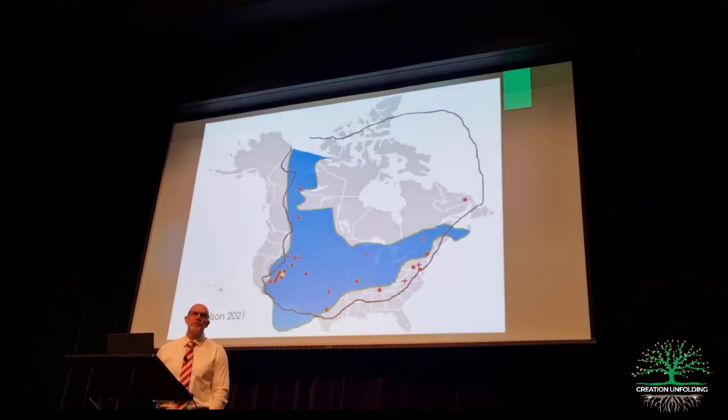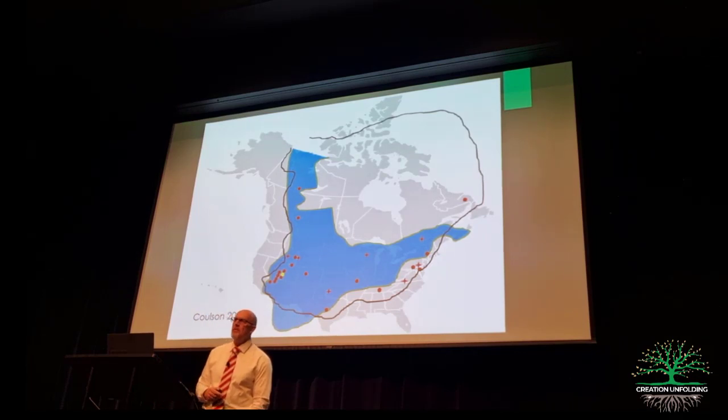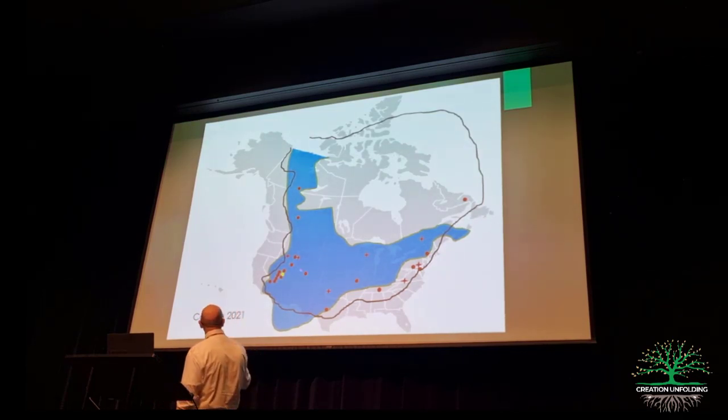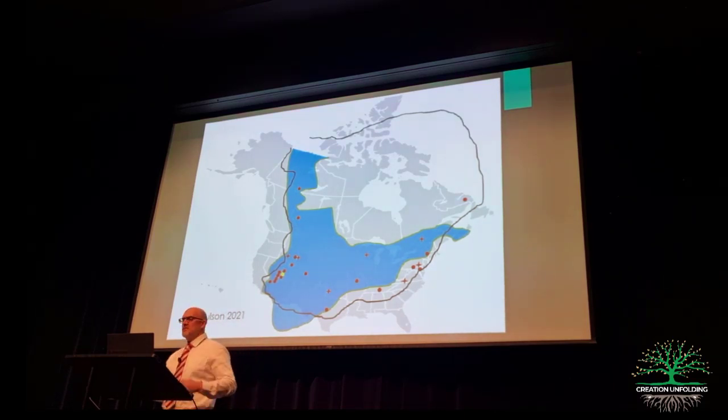But we also see them all over North America. The red dots and stars represent stromatolitic locations, and these stromatolites can be hundreds of square kilometers in areal size, and multiple different layers, just like they are over in Utah.